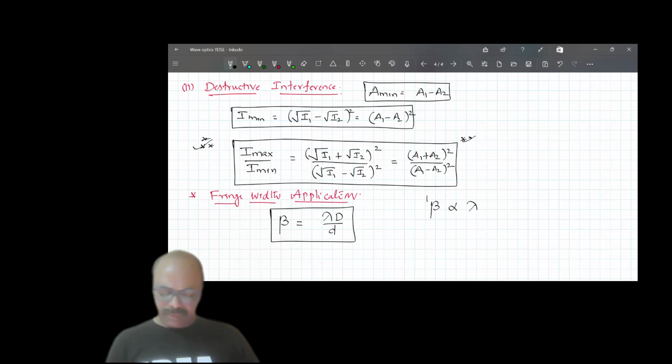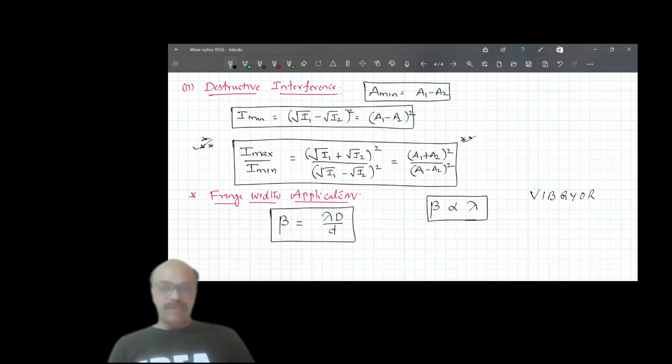In ray optics, we know the colors. This is violet, this is red. Wavelength of red color is greater than the wavelength of violet color. We know red color has more wavelength than violet color.